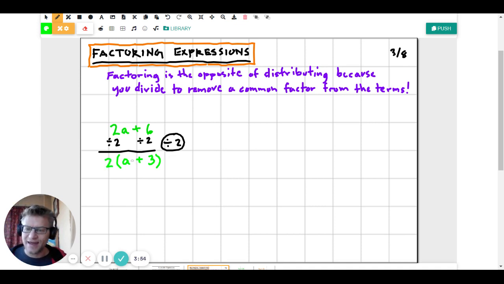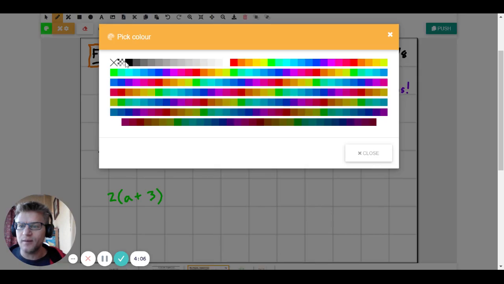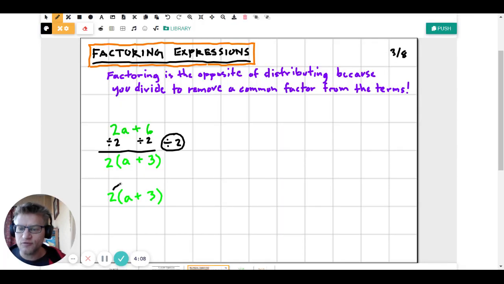Now notice this answer looks exactly like a distributive property problem. If we were going the other way, we would say 2 times the quantity a plus 3, and you're going to see it goes right back. Remember distributive property, which we've talked about a number of times over the last couple of weeks. It tells me I can do this: 2 times a is 2a, 2 times 3 is 6.